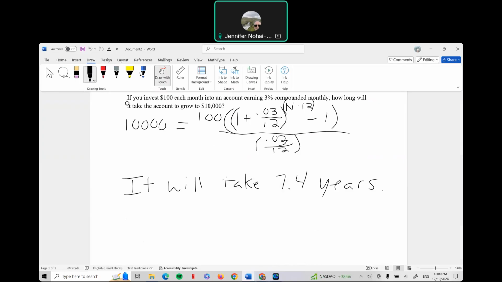I've also seen it to be acceptable to say it will take 7 to 8 years. So depending on how that needs to be answered, whether it's on MyOpenMath or it's on a test, you need to ask your professor how they would like that to be entered.